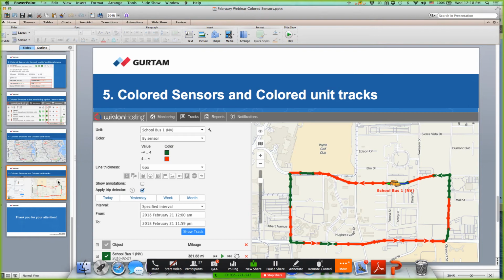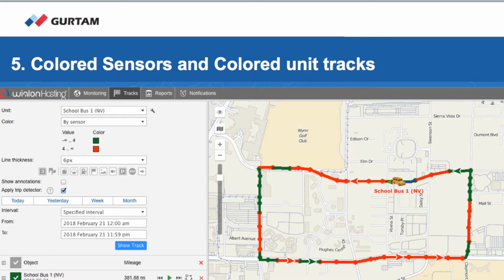And switching to the next screenshot, colored sensors and colored unit tracks. This is an easy example that shows you the track of the vehicle that is colored according to the value of the sensor. Here we see if the value of the sensor is less than 4, then the color is green. When it's greater than 4, the color is red.